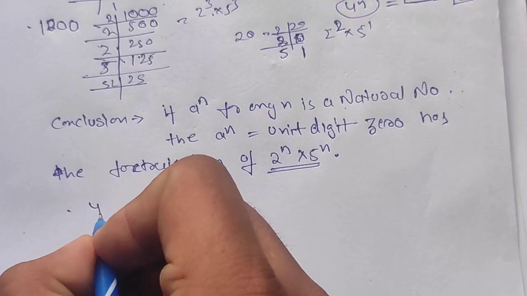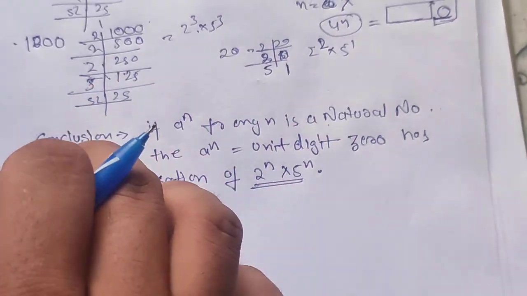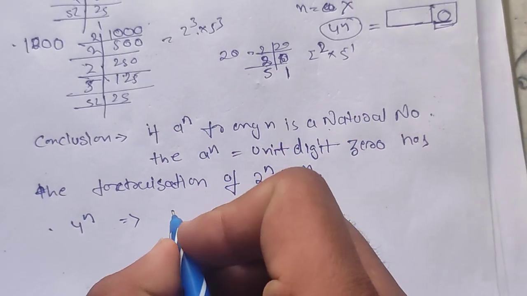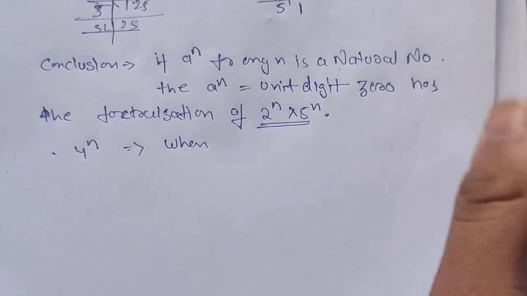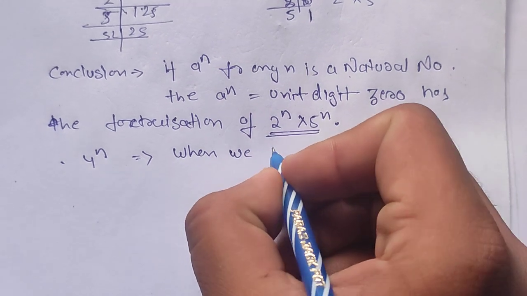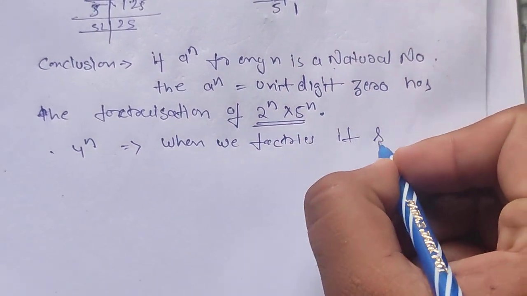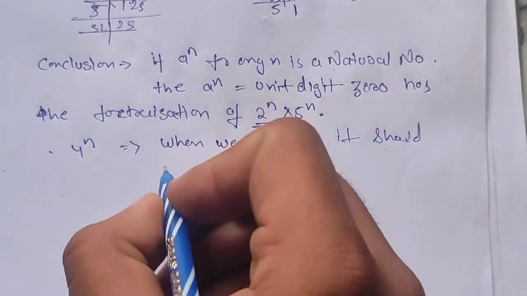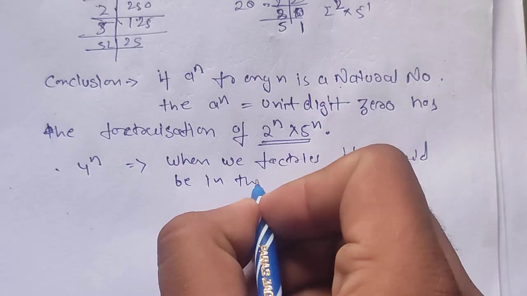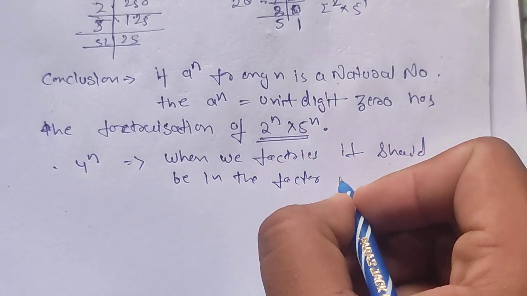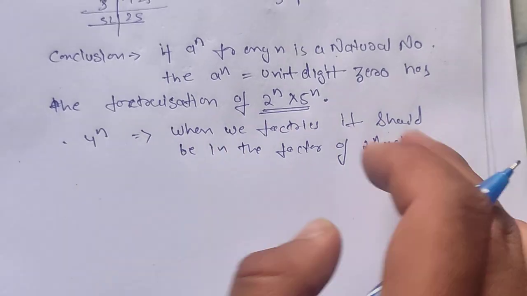So 4 to the power n, when we factorize it, it should be in the factors of 2 to the power n and 5 to the power n.